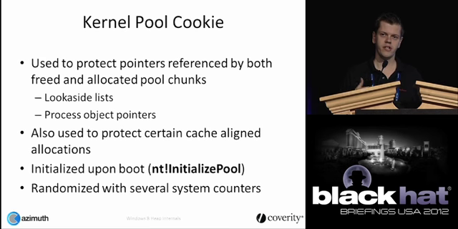Whenever an allocation is quota charged, it is associated with a process, so it stores a process object pointer with the allocation itself. It's also used to protect certain cache line allocations, and we'll get back to how that is implemented. The kernel pool cookie itself is initialized on boot in a function called InitializePool, and it's randomized with several system counters.